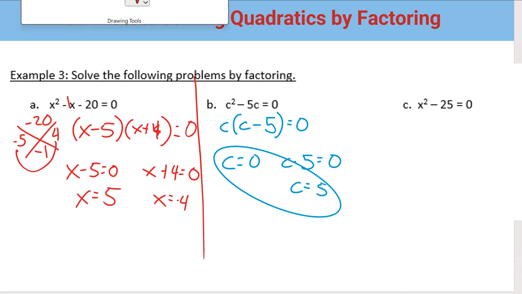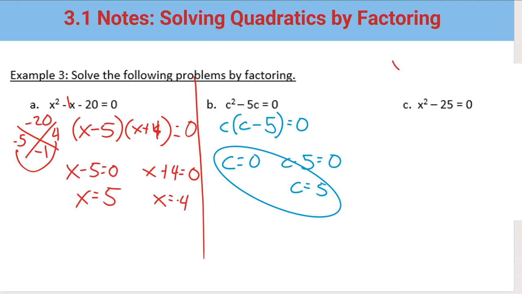For c, this is difference of squares, right? A equals x, b equals 5, right? So I can sub that into the a minus b times a plus b, and these have to equal 0.